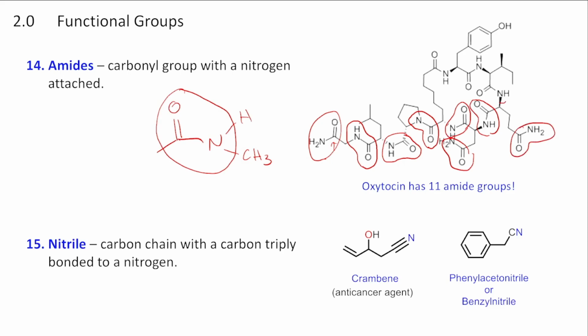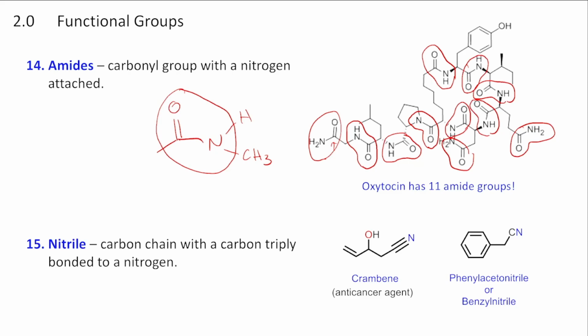Lots of amides. One here, one here, and one here, for a total of 11 amide groups in oxytocin. Oxytocin is a hormone that is produced when you feel happy. And apparently dogs start releasing oxytocin when you start petting them, which is nice.